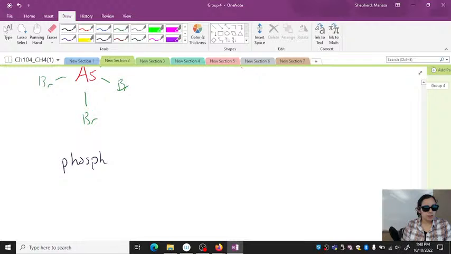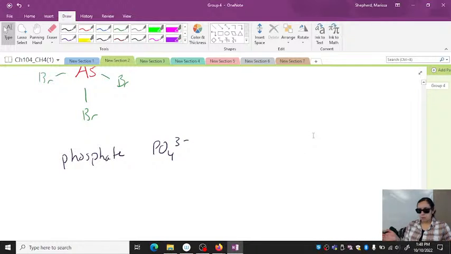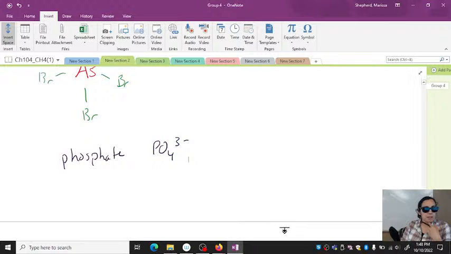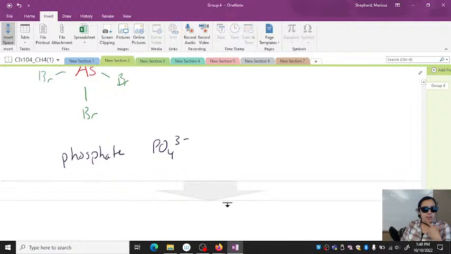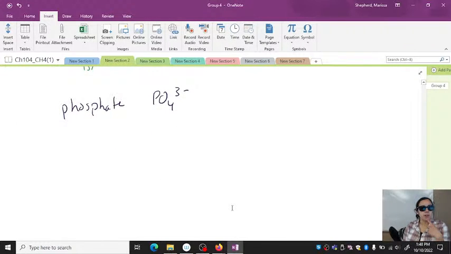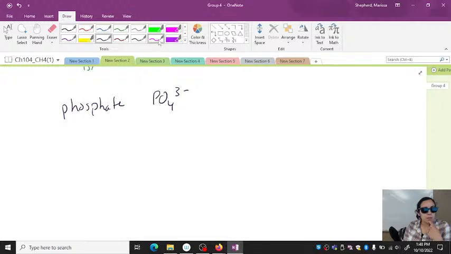some of your polyatomics. So phosphate, do you remember what the formula is for phosphate and the charge? PO4 -3. And so now if we want to draw something that's not neutral, we have to take into account the charge on it and what to do with that with our electron bookkeeping.